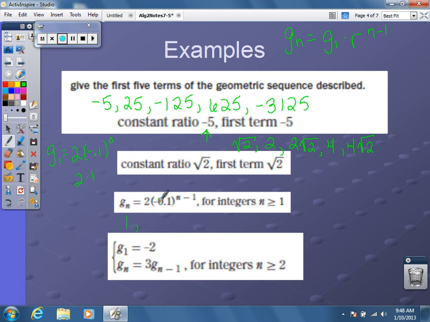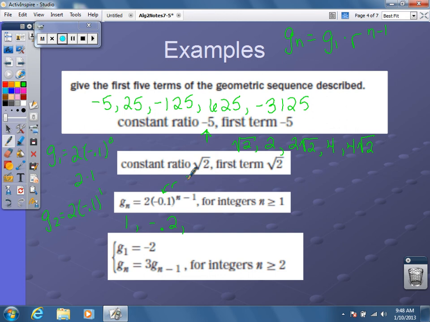You have a couple of options here. You could go g2 and then plug that in. That's 2 times negative 0.1 to the 1 power, 2 times negative 0.1, negative 0.2. Or you can realize, well, this is my ratio. I'm just going to multiply by negative 0.1 each time.